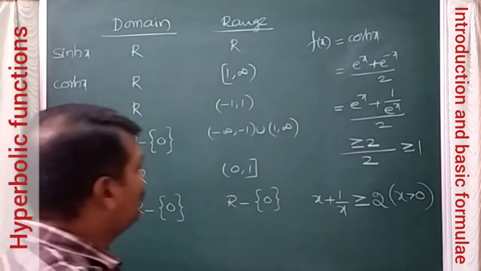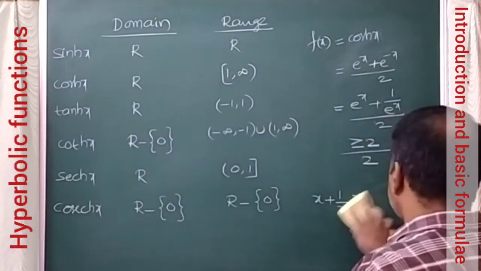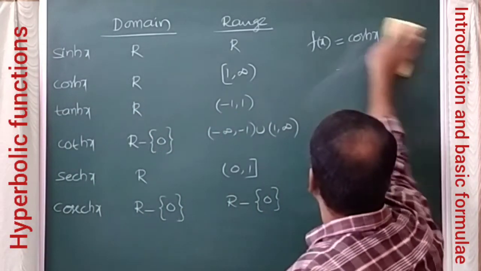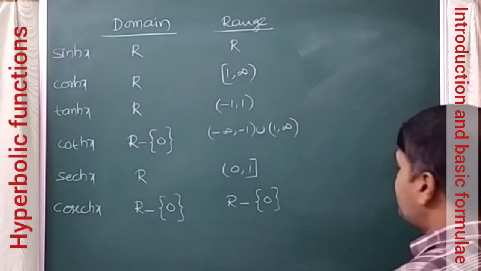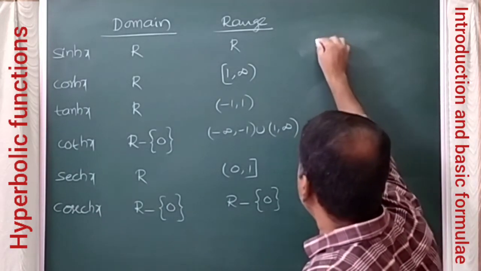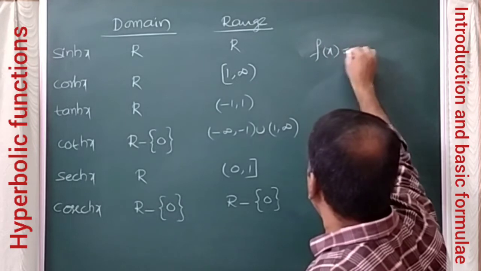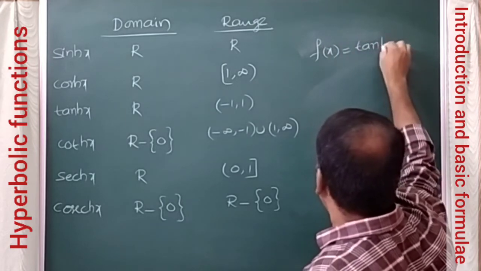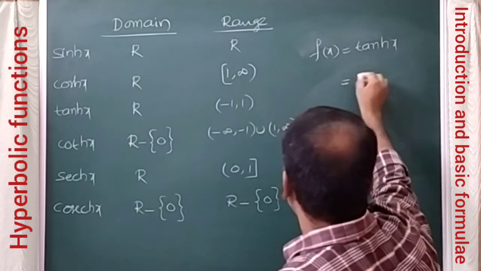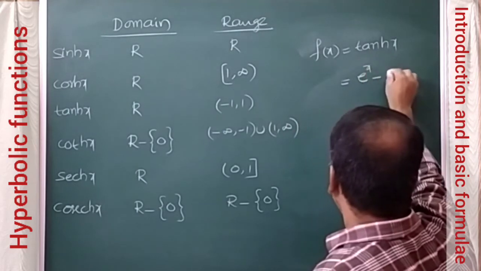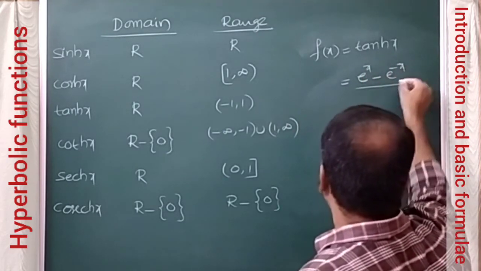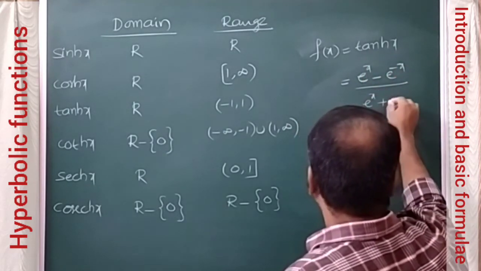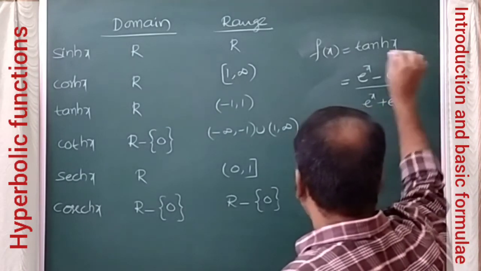And now when we come to tan hx, we know that tan hx is sin hx by cos hx. So therefore, the tan hx formula stands as e power x minus e power minus x by e power x plus e power minus x.